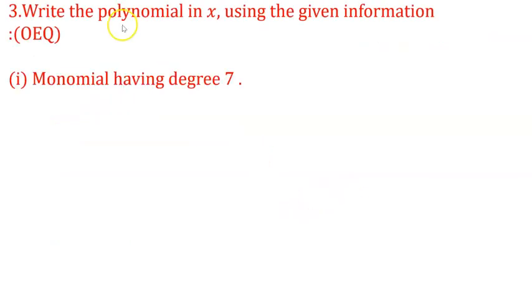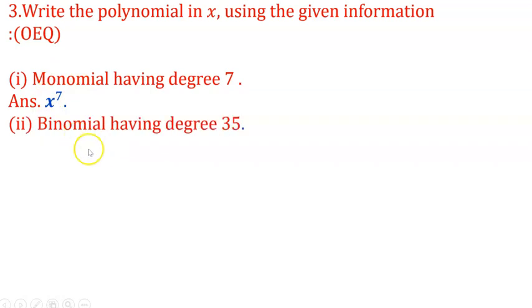Now next question. Write the polynomial in x using the given information. This is an open-ended question. Monomial having degree 7. The answer is a monomial with degree 7, so taking x as a variable, we can write x raised to 7.